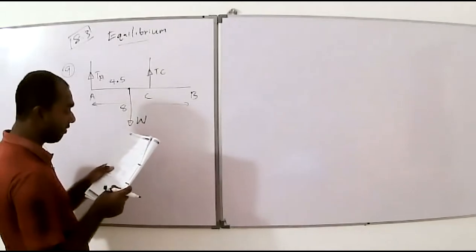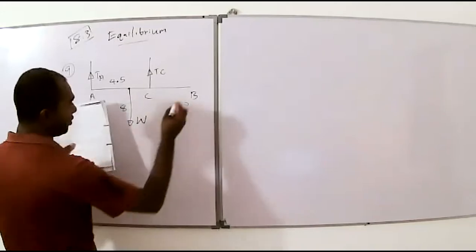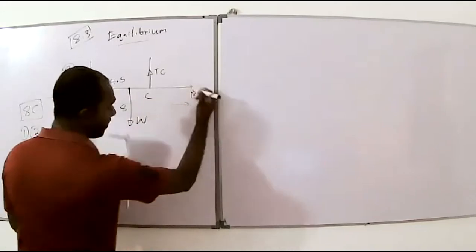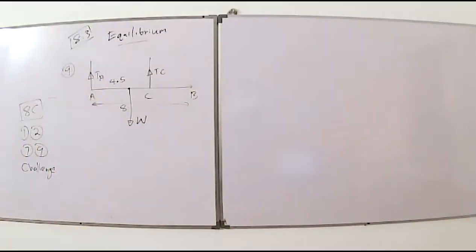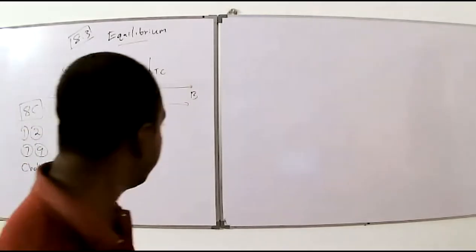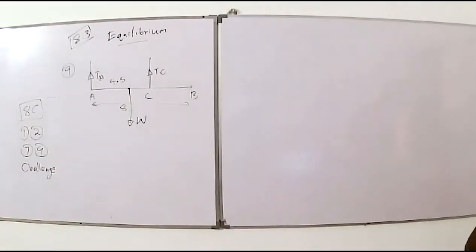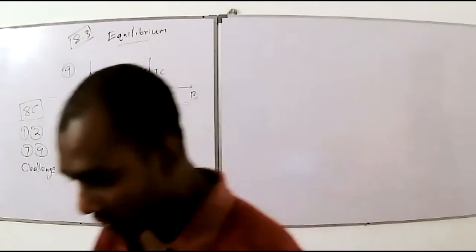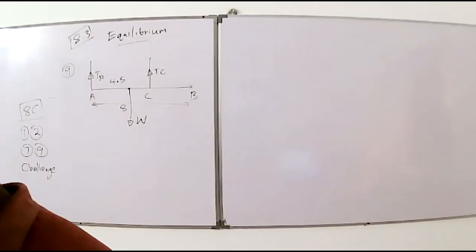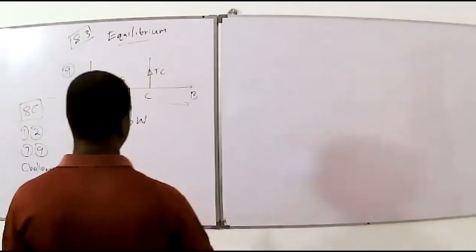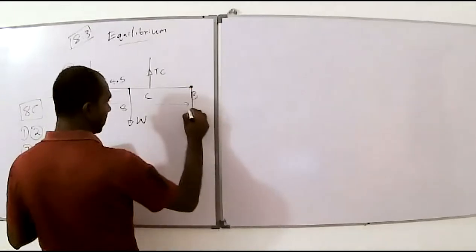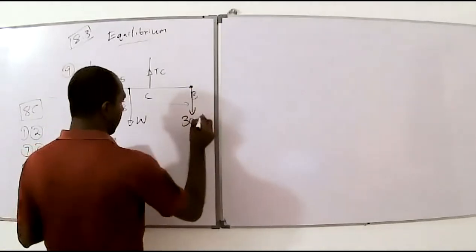A particle of weight 30 Newton is attached to here. There is another weight. How much is it going to be? 30 Newton. So you have to mark it, 30 newtons here.